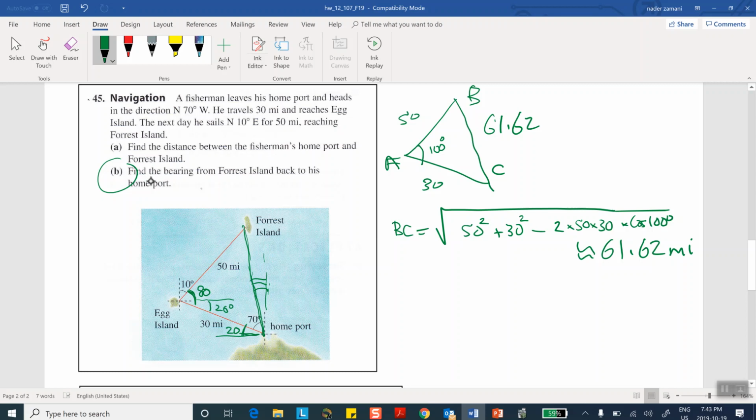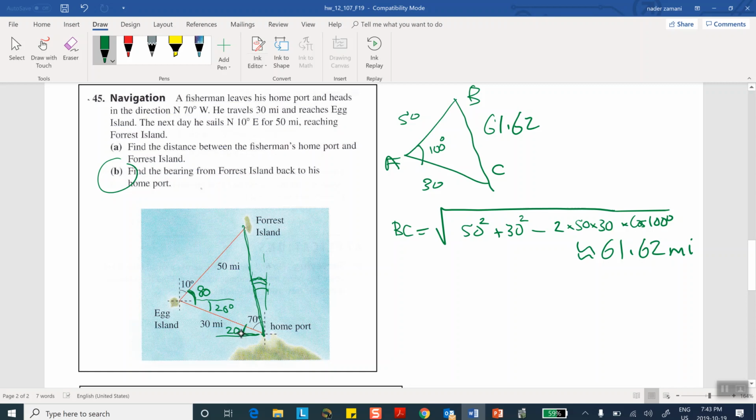Find the bearing from the forest island back to his home port. I'm not sure what that means. My guess is that if that's this angle, then we can find it. So how do we find this angle?